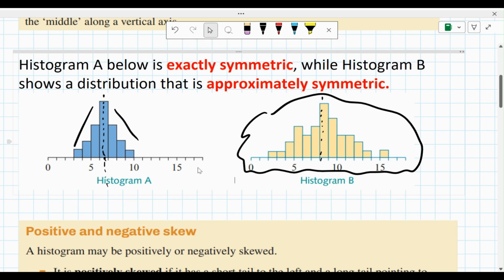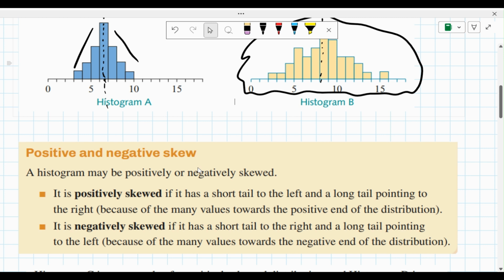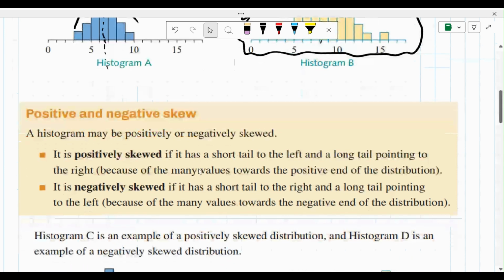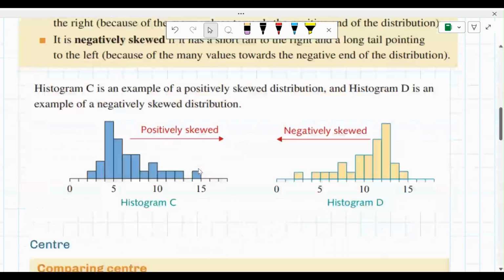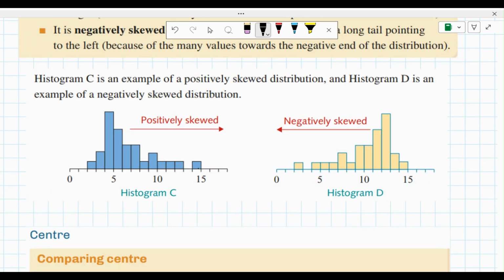Okay. Now the positive and negative skew. The positively skewed has a short tail on the left and a long tail pointing to the right, and the negatively skewed will have the long tail pointing to the left. So we can say positive is from 5 to 15, where you're going up and going here.